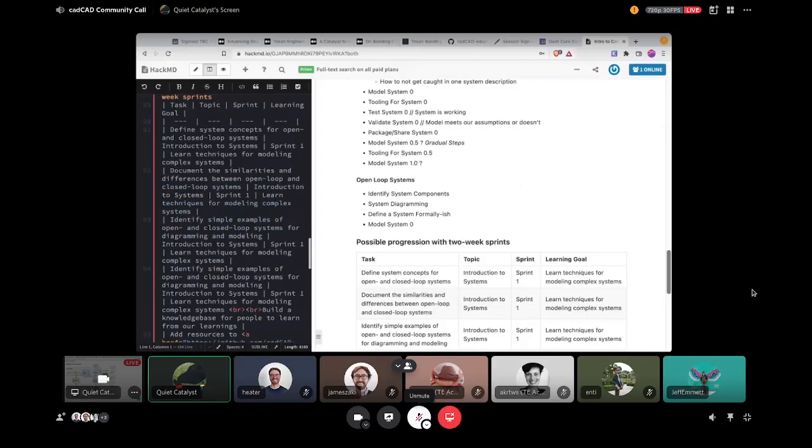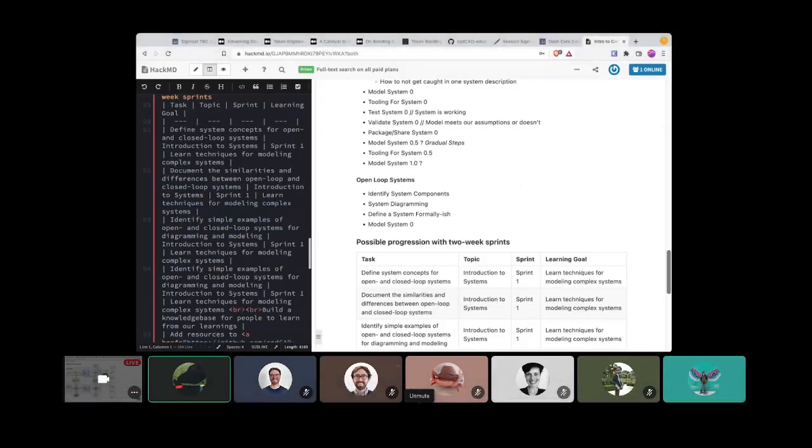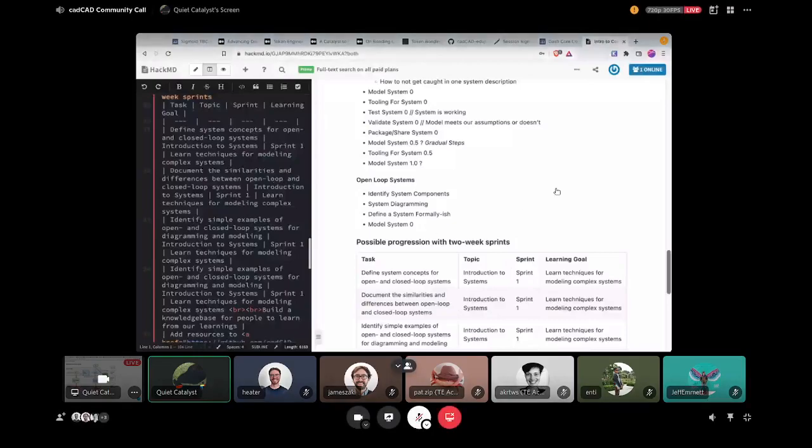So as some of you may know, Peter was leading the cadCAD study group in the iteration that's effectively wound up at this point. And we're looking at how we can transition the study group as he has less time available, but we would like to keep it going in some form or fashion.